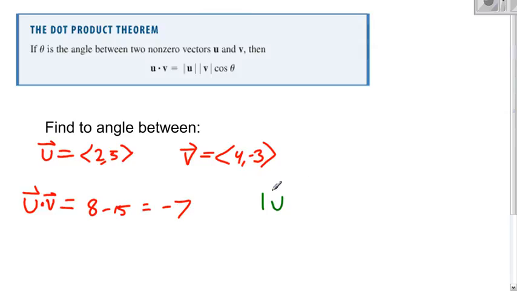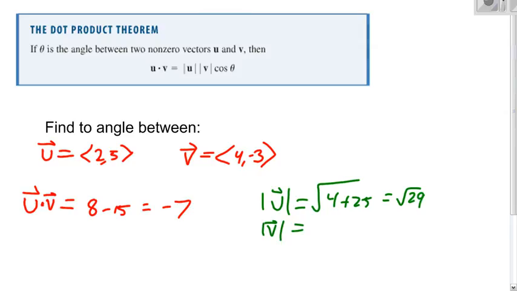The length of u is the square root of 2 squared plus 5 squared, and the length of v is the square root of 4 squared plus 3 squared.